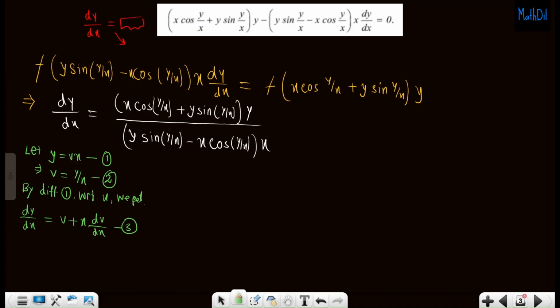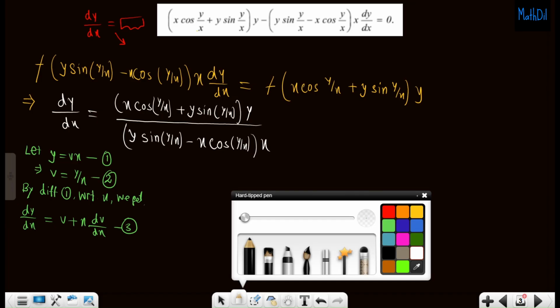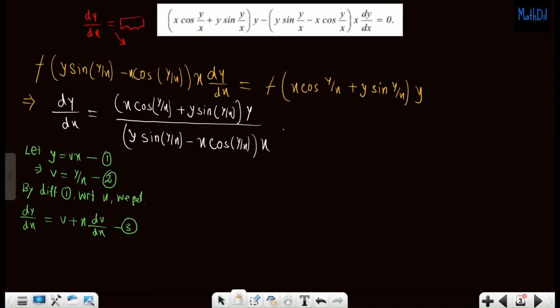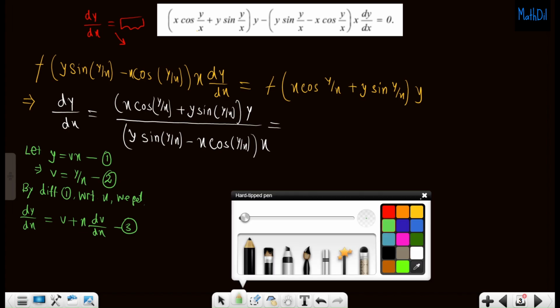And still, if you have any doubt, then ask your doubt in the comment section. Students, see, here I am going to change something so that our calculation will be easier. So see students, if you take x as common from this expression, then what will you get?